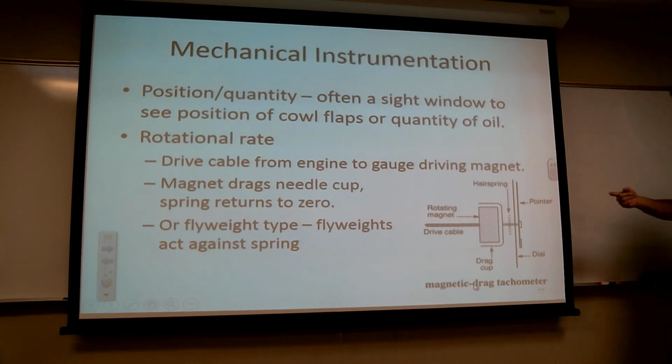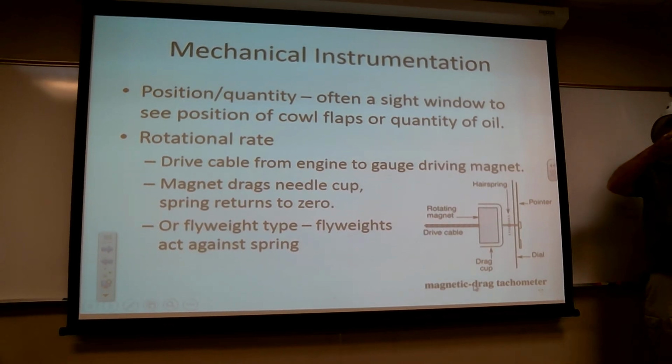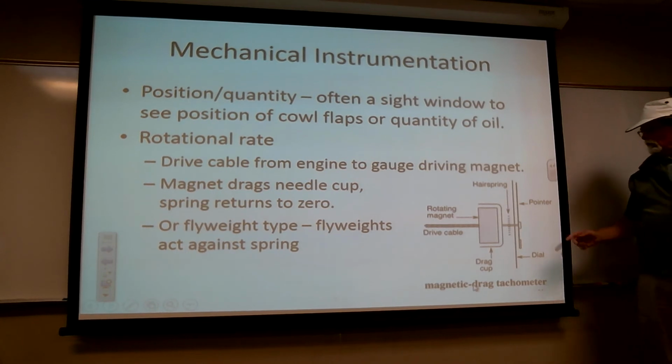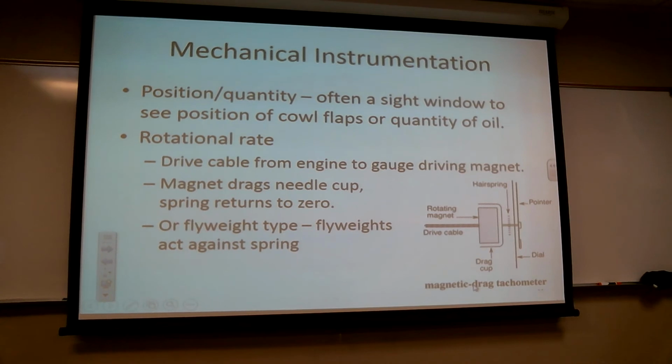Well, there's a coil spring keeping the needle pointed all the way to zero, but the more that magnet spins around, the more it starts dragging the cup the other direction. And that gives you some moderately accurate value for RPM. These aren't all that accurate.